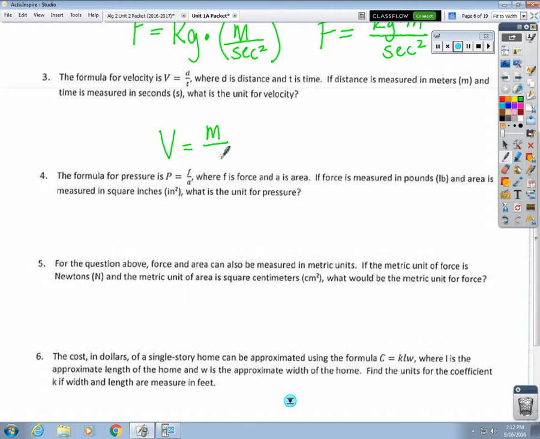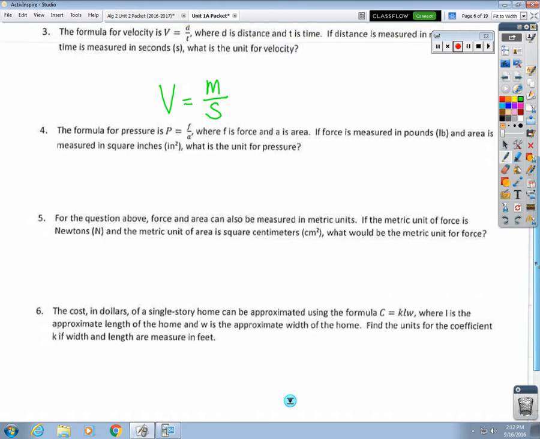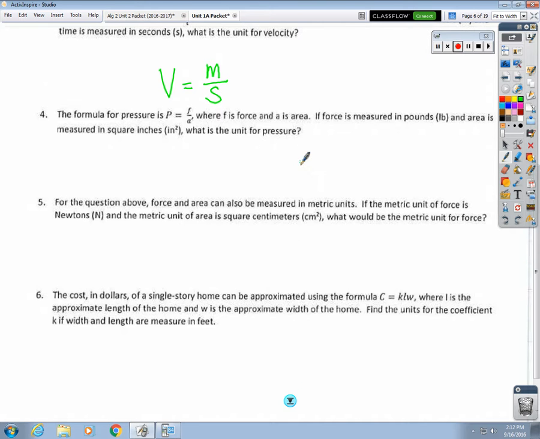Right, meters over seconds. Alright, number 4. The formula for pressure is F over A, where F is force and A is area. If force is measured in pounds and area is measured in square inches, what is the unit for pressure? Right.